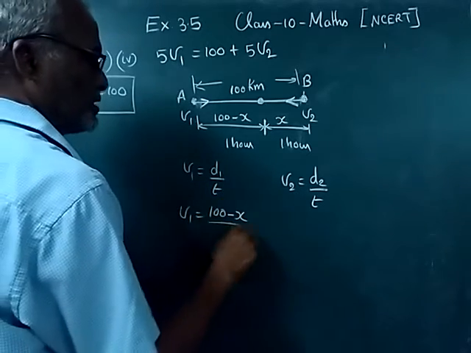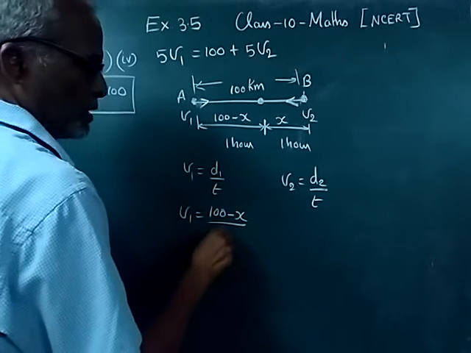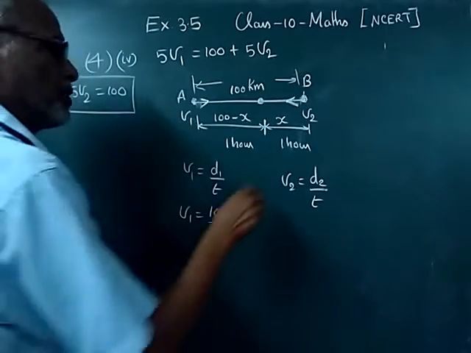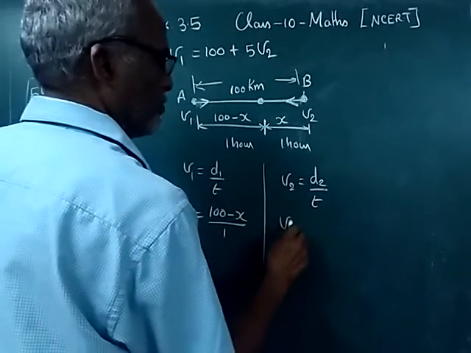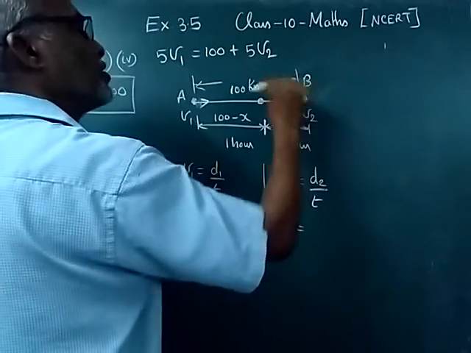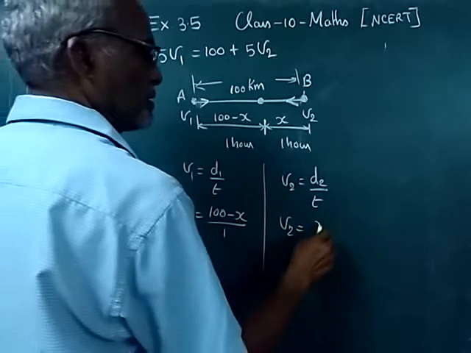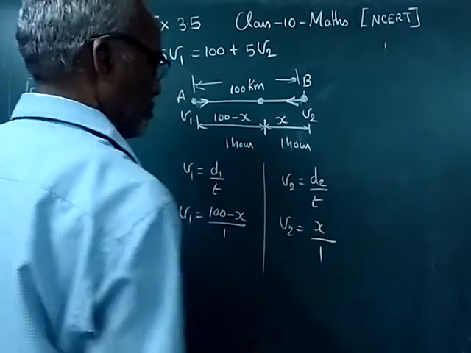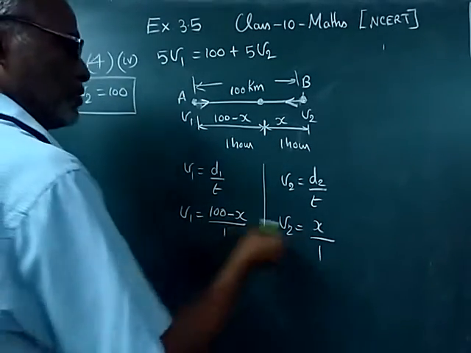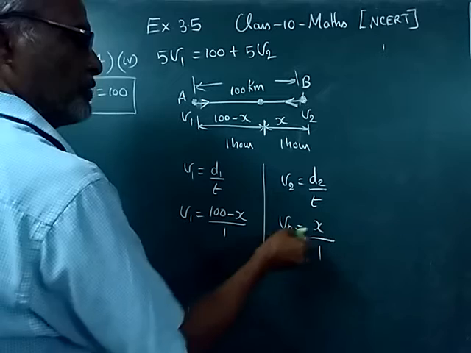And the time duration is 1 hour. Similarly, for the second case, v2, it is moving in the opposite direction, the distance covered is x, and the time is also 1.